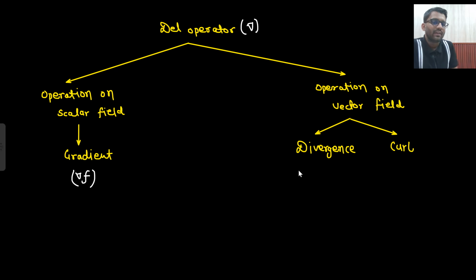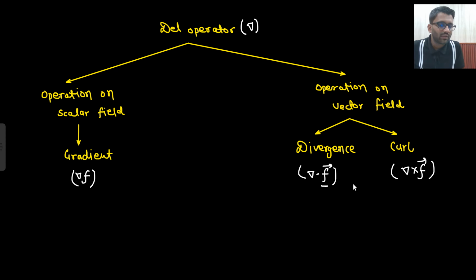So del f. In divergence, starting from d, you will do the dot product, but this will be a vector function. And here you will do the cross product, starting from c. C stands for cross. If you are doing the dot product and cross product, certainly they have to be vectors.